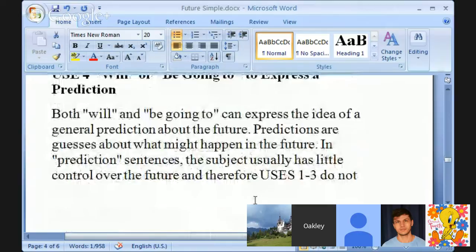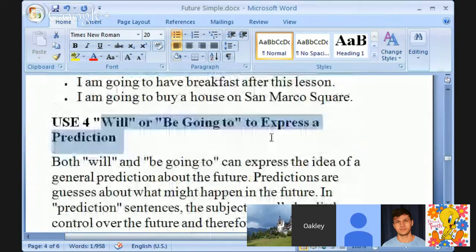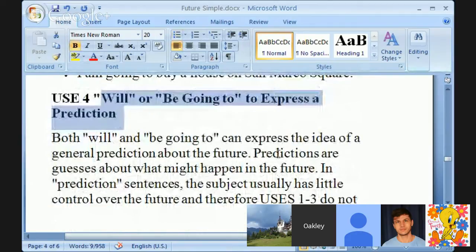Now, these two future simple verb forms are completely interchangeable when you're talking about a prediction. Many times no listener is going to sit there and think, is he making an offer? Is he making a promise? Is he telling me about a plan, or is he simply making a prediction? No one cares.